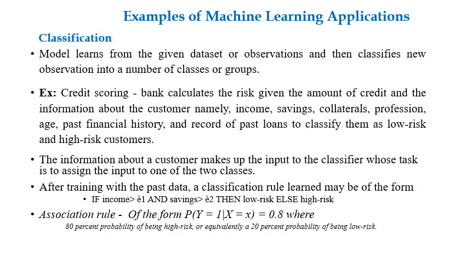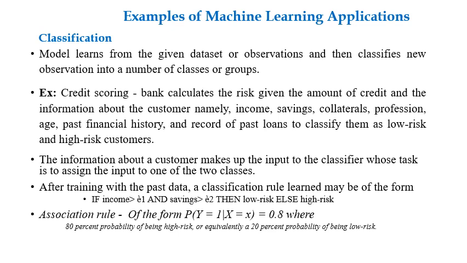And one more interesting machine learning method is classification. This classification model learns from the given data set or observations, and then it classifies a new observation into a number of classes or groups. For example, in a credit scoring application, a bank calculates the risk associated with the amount of credit and the information about the customer.